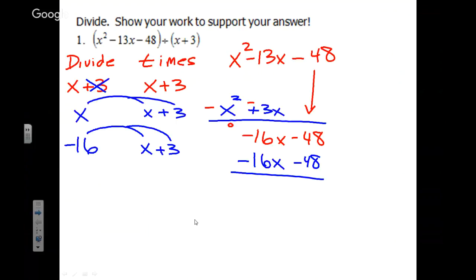Some people will say, well, you're already subtracting. Well, no, I'm going to just change my signs here. Negative 16 and a positive 16x. Zero, thank you. Negative 48 and positive 48, 0.